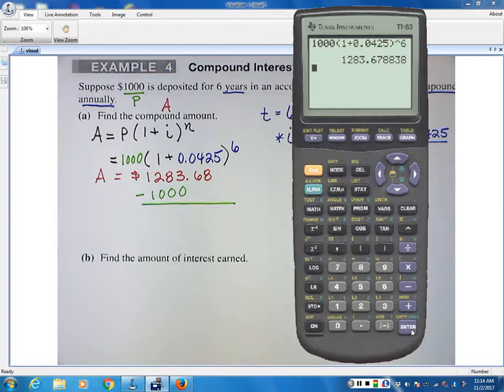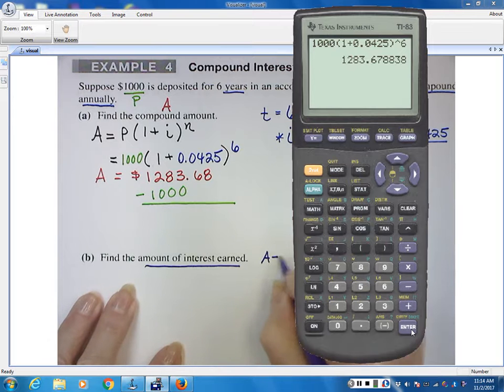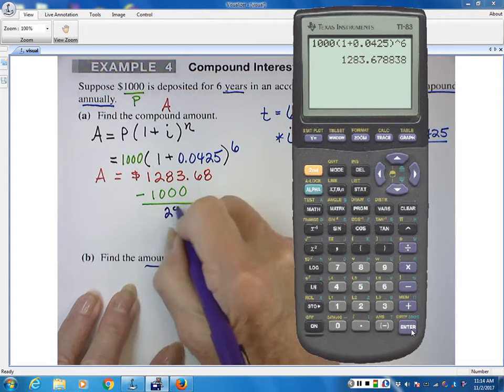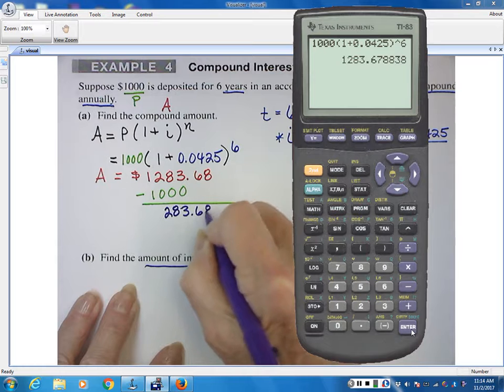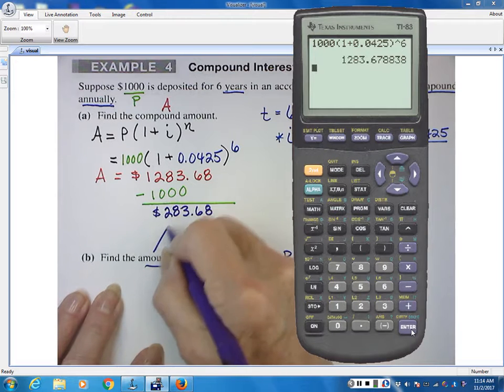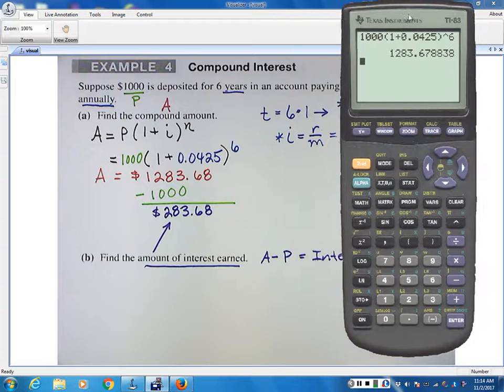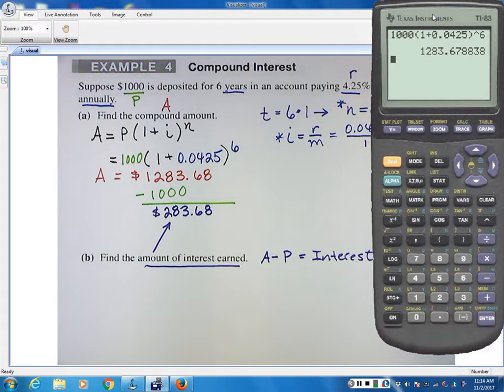So the amount of interest earned is going to be $283.68. Questions so far?